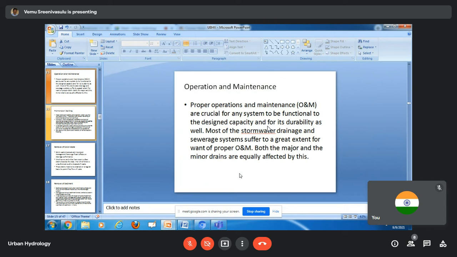Otherwise, though you have a sewerage network or storm drainage network in a city, if it is not properly maintained, regularly after every monsoon period we have to clean up the pipes. If there are any clogs or blocks, you have to remove them, and any sedimentation deposition, you have to remove that.